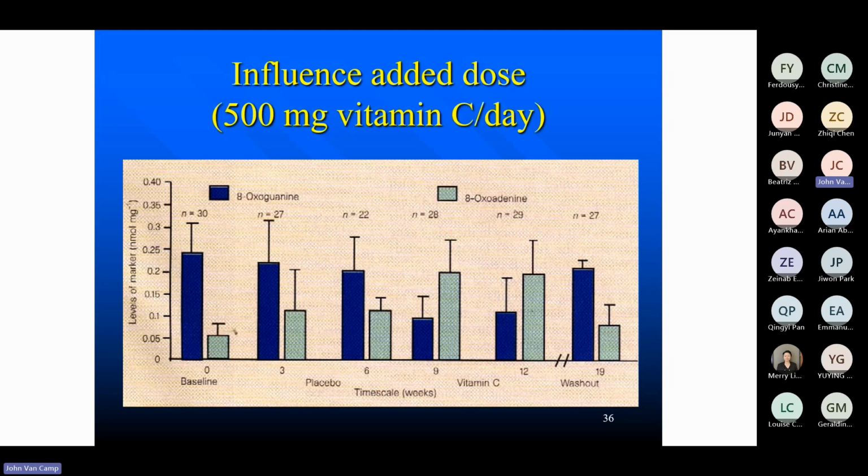So the oxyadenine is produced in higher quantities after the supplementation. And if you go back to the washout, then you can see the reverse goes back to normal. And so there are pro-oxidative effects occurring at very high intake levels of vitamin C.